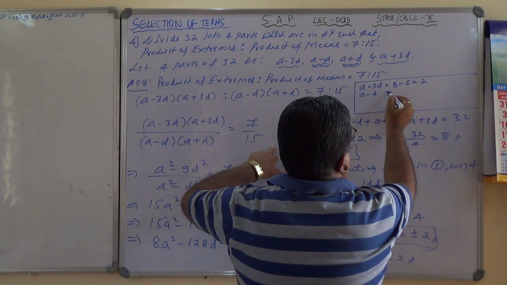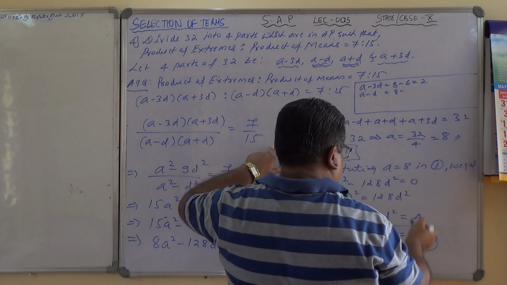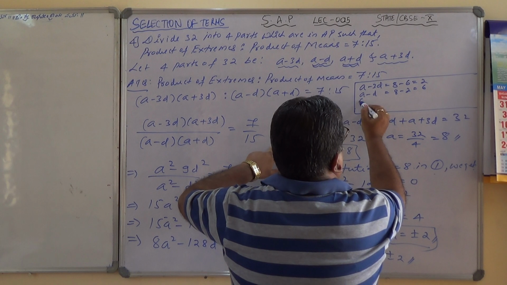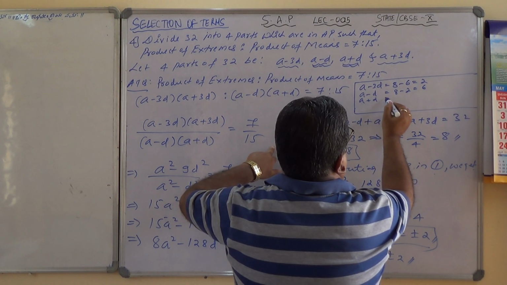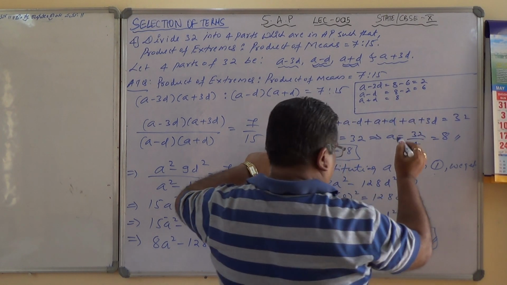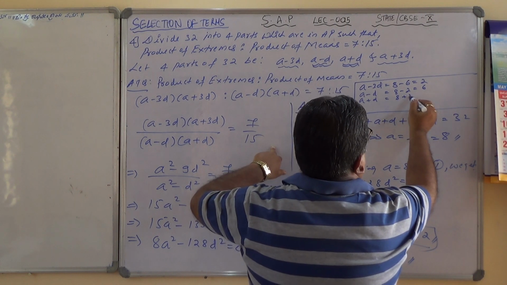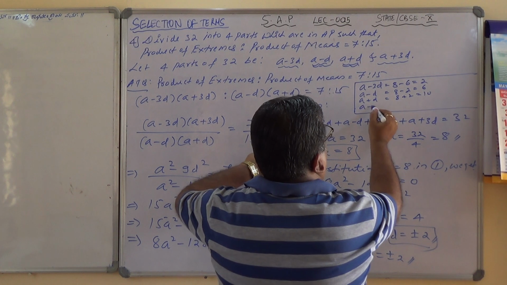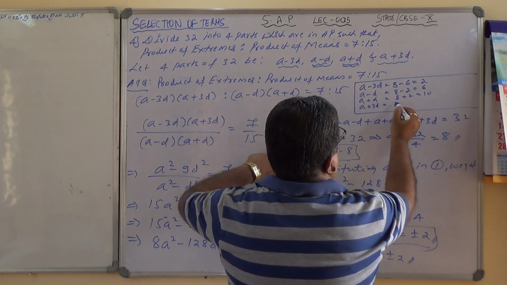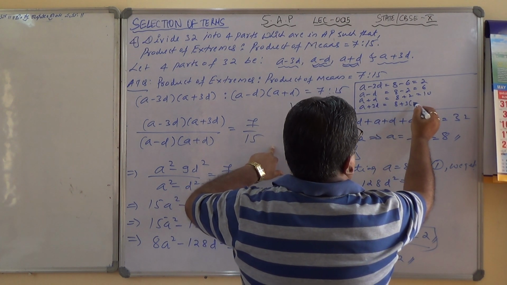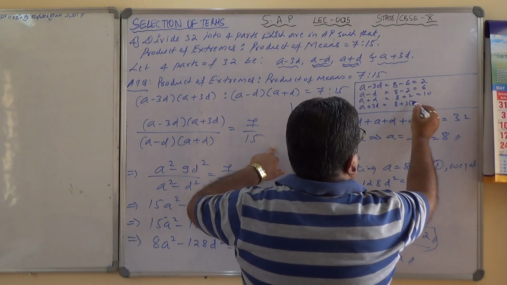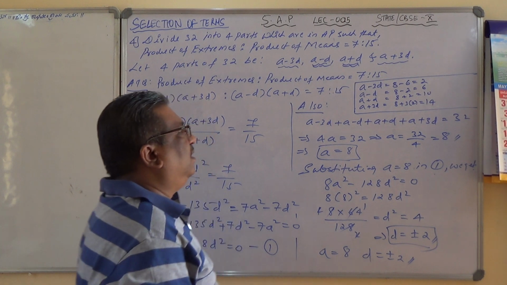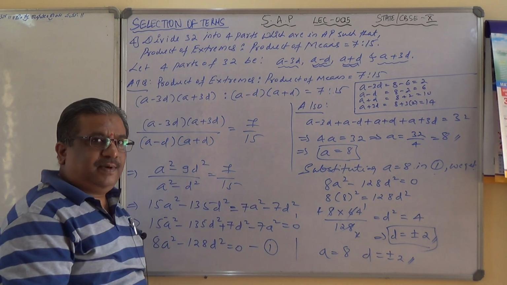A minus D equals 8 minus 2, which is 6. A plus D equals 8 plus 2, which is 10, and A plus 3D equals 8 plus 3 times 2, which equals 14. Check: 2, 6, 10, 14. Yes, perfectly alright. These are the numbers given.